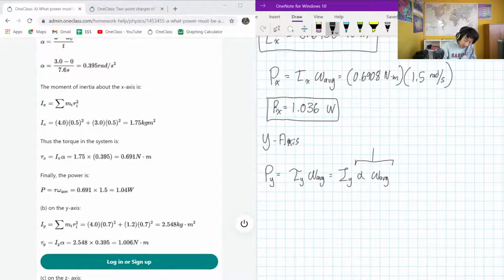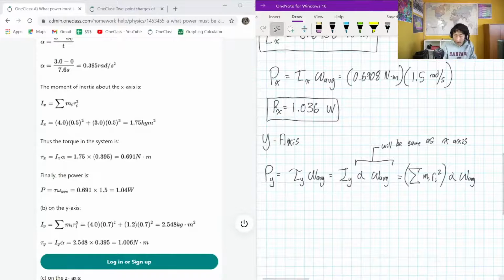These will be the same as the x-axis. All we need to look at now is who is going to have a contribution of inertia if we're spinning about the y-axis. So it's going to be the same equation, mr squared, all in brackets, multiplied by angular acceleration and omega average.